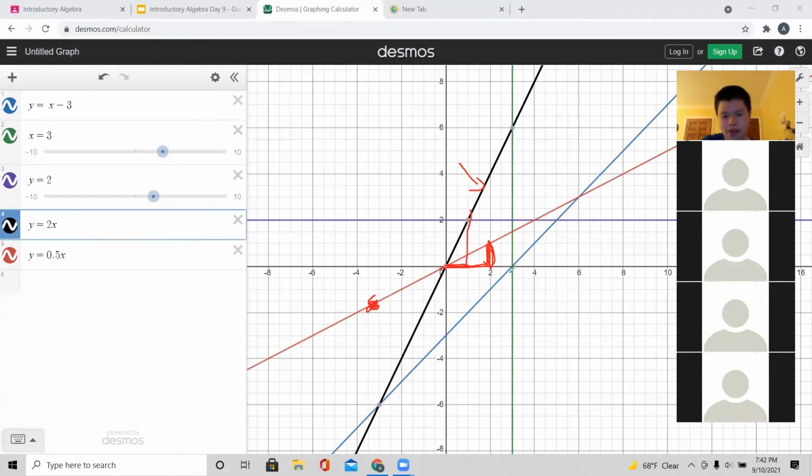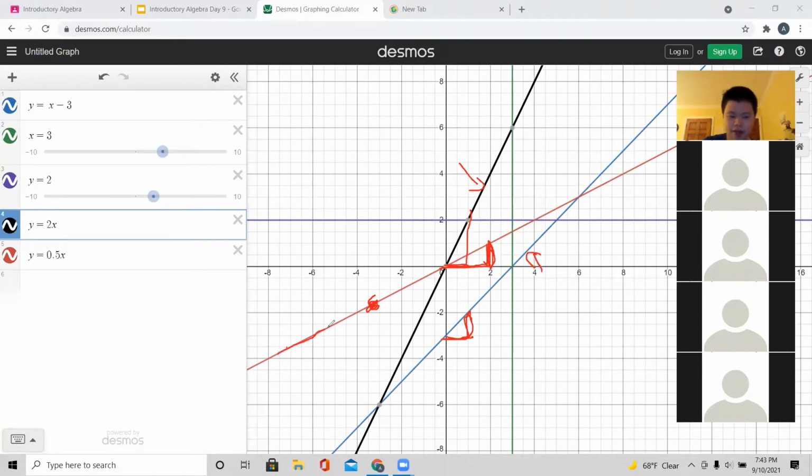This is what we call slope. Similarly, this blue line goes up for every increase in height, where height is y, and it goes right by 1. So this is slope. It's similar to walking up a slope.